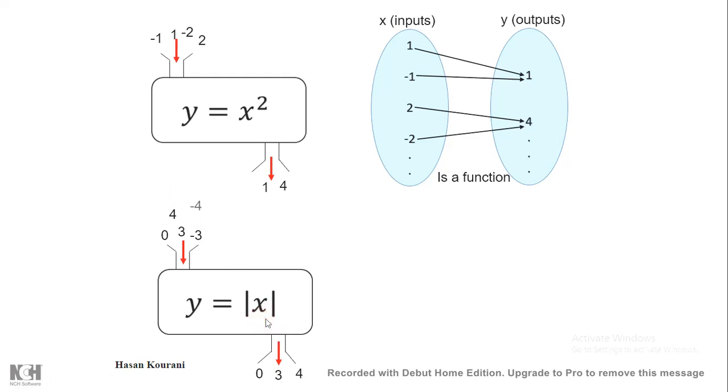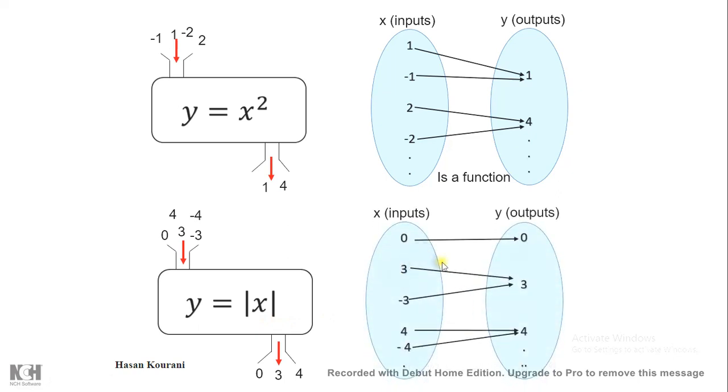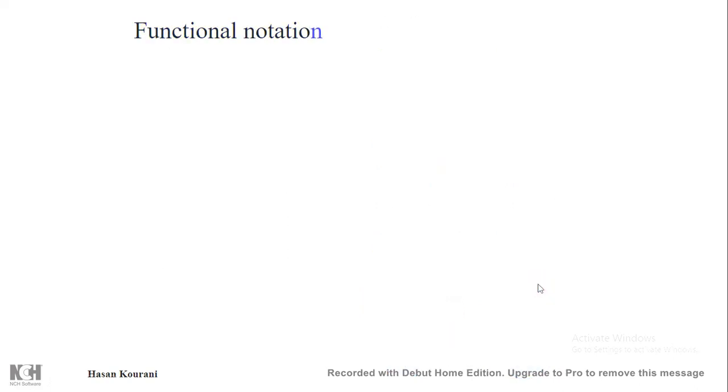And the absolute value of minus 4 is also 4. This way, if we illustrate this in the relation of sets, absolute value of 0 is 0, 3 and minus 3 also give 3, absolute value of 4 and minus 4 also give 4. And for each element here in the initial set, we have one arrow related to the second set. So this is also a function in mathematics.